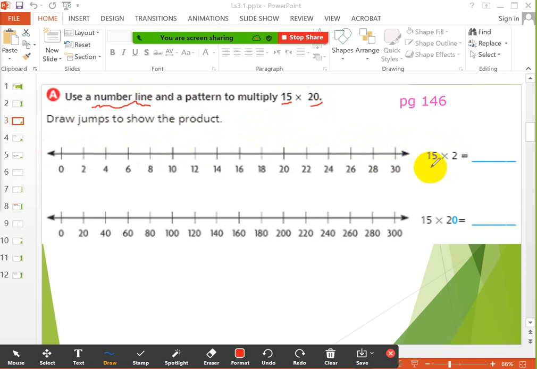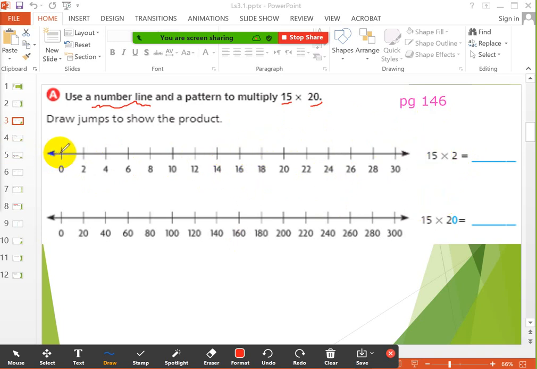If I want to multiply 15 with 2, the number line is already drawn in your book, right? If I want to multiply 15 with 2 as an example, 15 multiplied by 2, how will I do that on the number line?